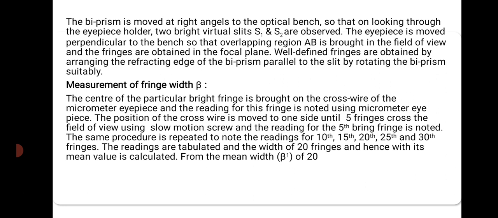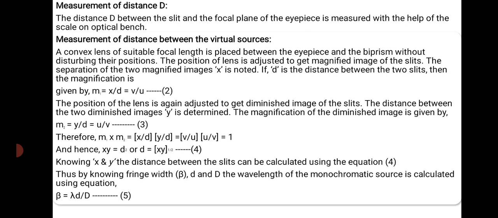The crosswire is moved to one side until 5 fringes cross the field of view using the slow motion screw, and a reading for the fifth bright fringe is noted. The same procedure is repeated to note the readings for the 10th, 15th, 20th, 25th and 30th fringes. The readings are tabulated and the width of 20 fringes, and hence its mean value, is calculated. The mean width beta is equal to beta 1 of 20.